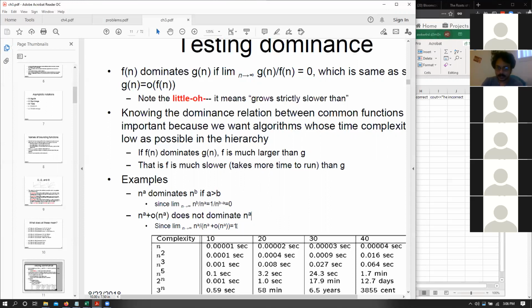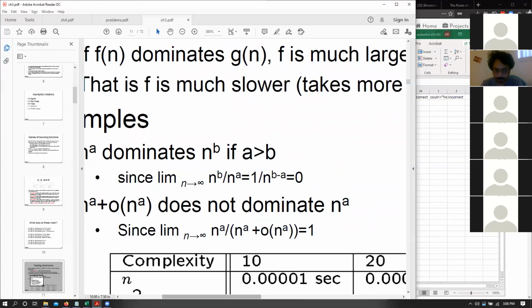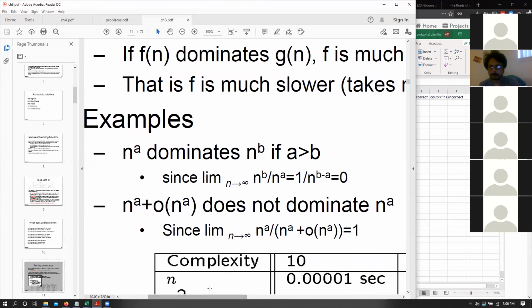Does everyone understand why this dominates and this does not? Look at the equations carefully and let me know if you have any questions. I need you guys to understand why the first equation dominates and the second equation does not dominate.